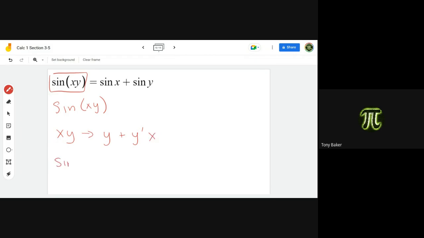Now what's the derivative of sine m? Cosine m. Okay, so the derivative of sine xy is cosine xy times y plus y prime x.